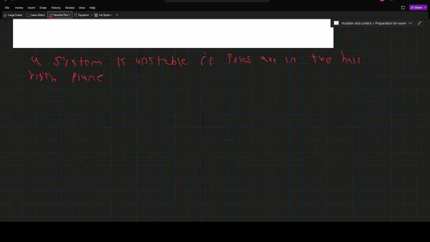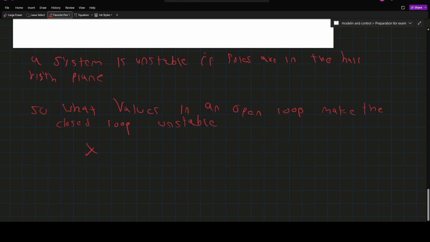And this is in our closed loop. So what we have to think is, what values in an open loop make the closed loop unstable?